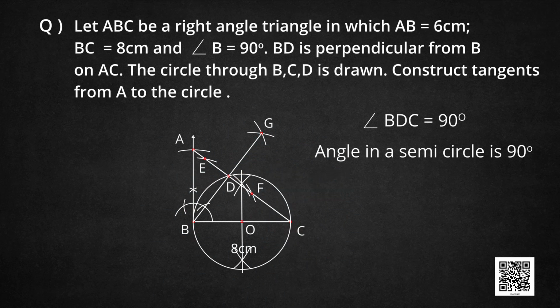Now we have to construct tangents from A to this circle. Children, you know that to construct tangents, we need to join external point A with center, that is O. Now draw the perpendicular bisector of AO.